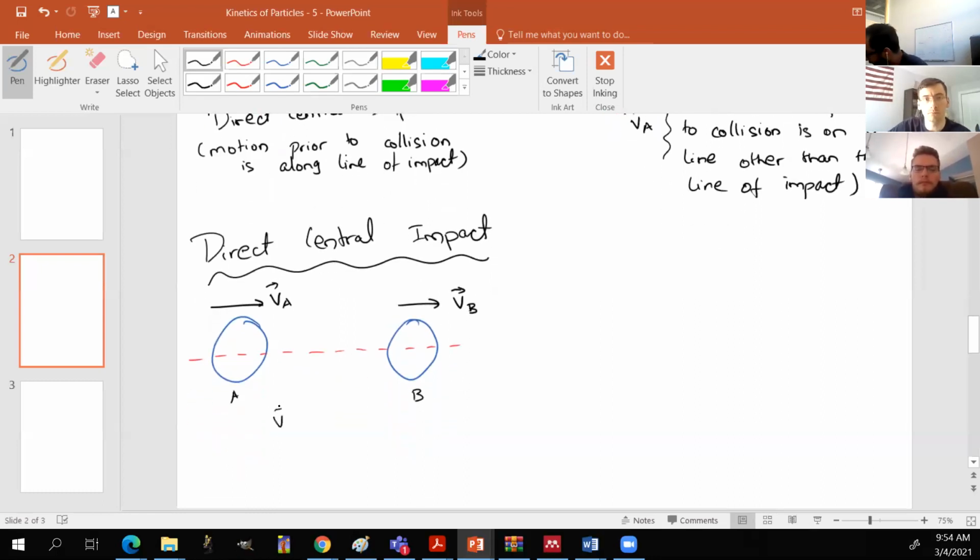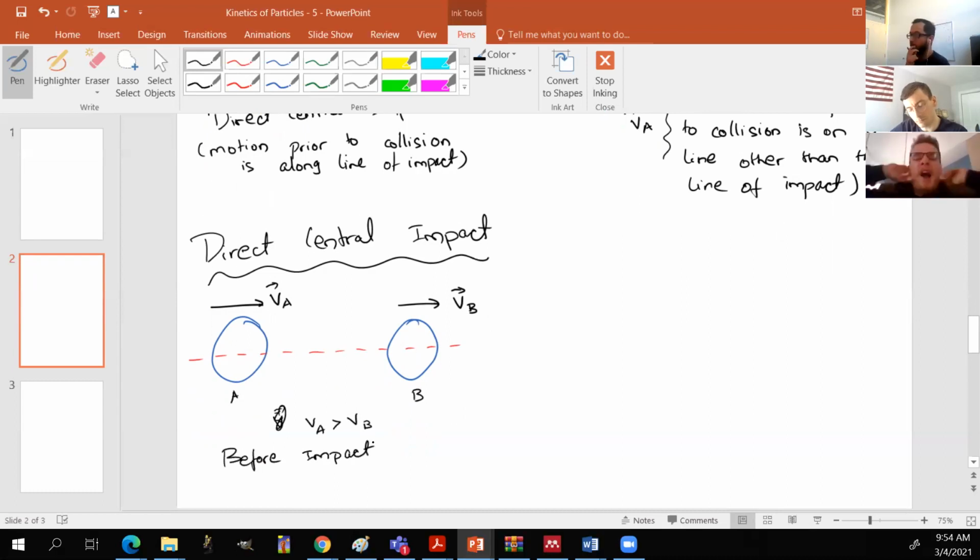So VA is greater than VB. This is the case before impact, right? And then they hit each other, and then after impact, what happens? Right after. So this is right before and right after. So, and the separation is clearly exaggerated, right? Right after.